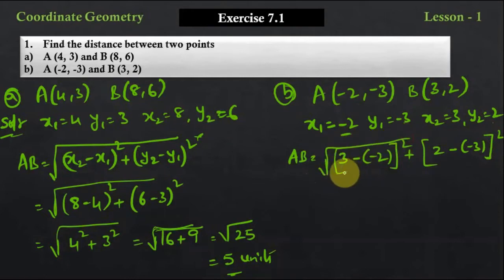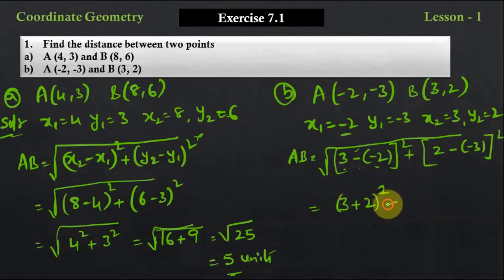Isn't it? This is x2. As per the formula the minus sign is there, but again the x1 value is minus 2, so I am writing that in bracket. Now when you open the bracket, what happens? This 3 as it is I am writing, this minus into minus will become plus 2 whole square.